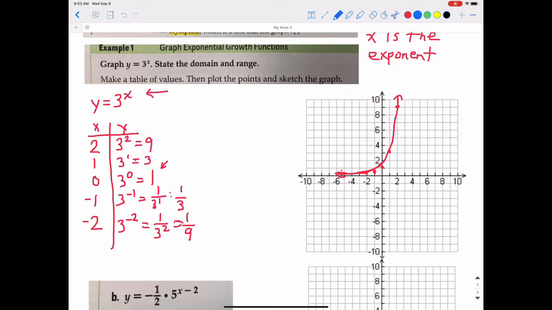Let's do y equals 3 to the x plus 2 power. So if you recall from Algebra 2, for graphs that have something attached to the end but not grouped with the x, this is your vertical shift.